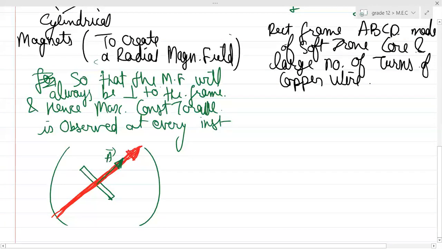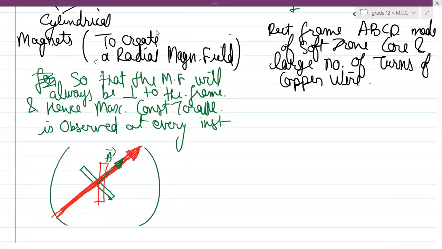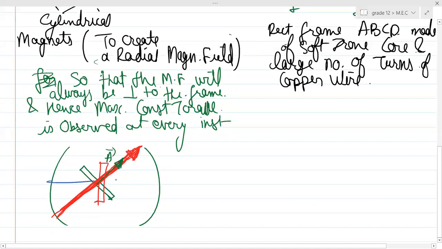So that is why. If the loop becomes like this, then the magnetic field will be like this. This will be the area vector, right? So by creating a radial magnetic field, we can produce a constant torque everywhere.